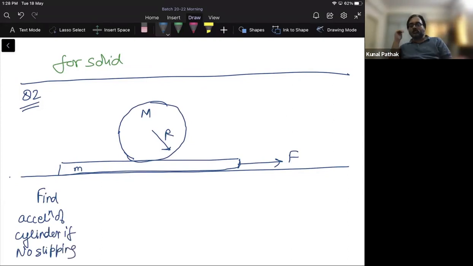Okay, so this is similar to the previous questions we have done, except पहले क्या था कि ये जो प्लैंक है ये ऊपर था, अब ये प्लैंक नीचे है.